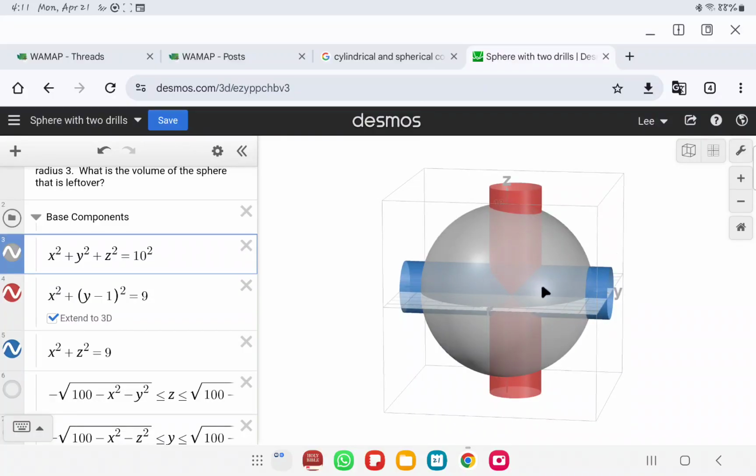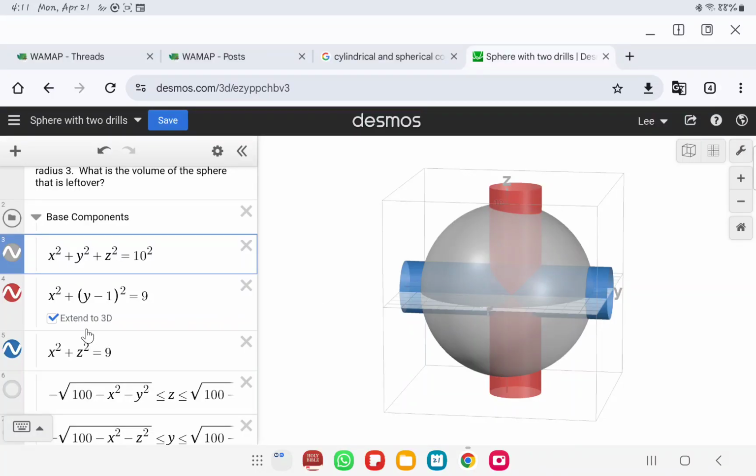In that case, it doesn't really look any different, but the top and bottom would be different. So the intersection would remain the same, but that top piece and bottom piece would be different because now we have a different cap on our cylinder for those. So you can still find it the same way with that integral. You would just want to make sure that that sphere or your cylinder, either one, is offset in the bounds of that integral.